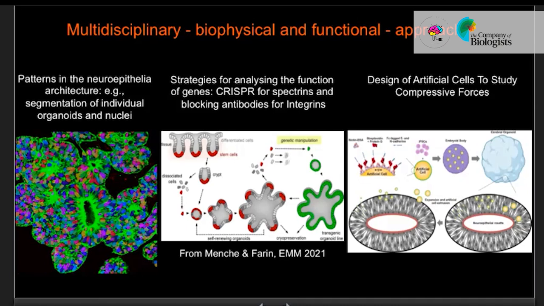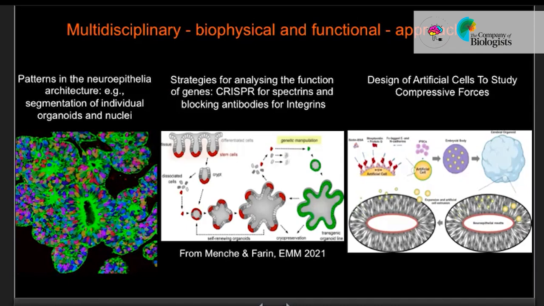Again, how long the cells are, where are the nuclear position, what is the curvature of this epithelia, and so on. We are also manipulating either genetically by CRISPR for the spectrin skeleton, or in the case of integrins, we are doing blocking antibodies. And then we ask the question, what happened to that? And we have very preliminary data that I'll show you in a minute.